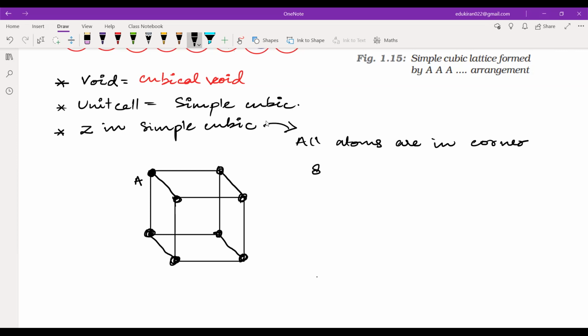Right. So all atoms are in the corner. We have 8 atoms, and their contribution is 1/8 in each cell. All of these 8 atoms have a contribution of 1/8. That is why the Z in simple cubic will be equal to 8 into 1/8, which is equal to 1. All of you understood this? Yes or no? Z will be equal to 1.